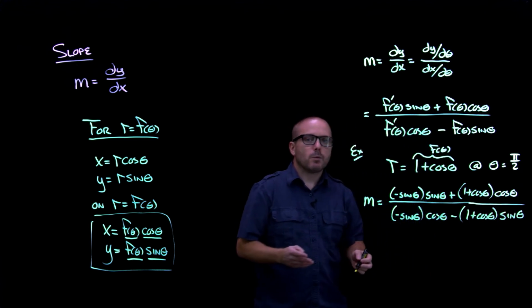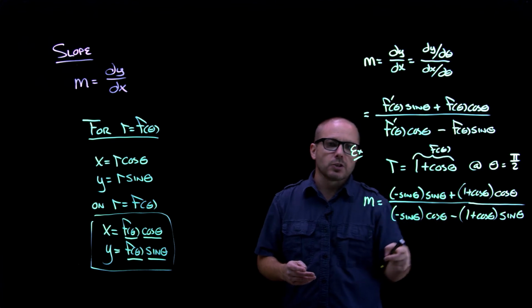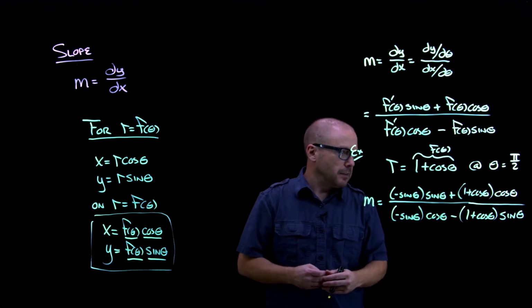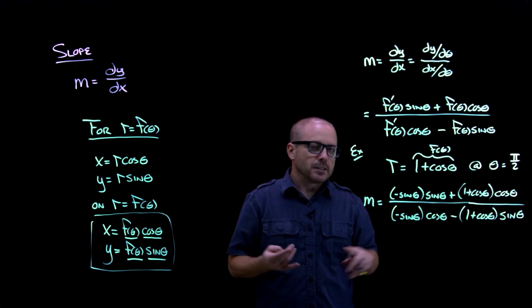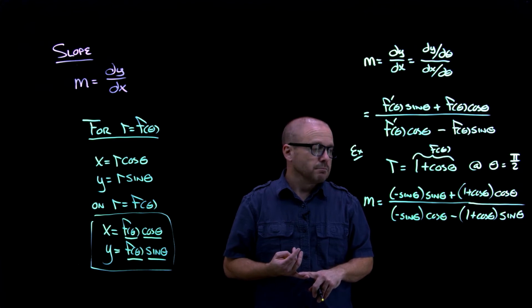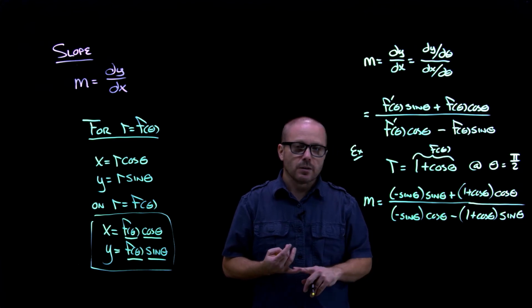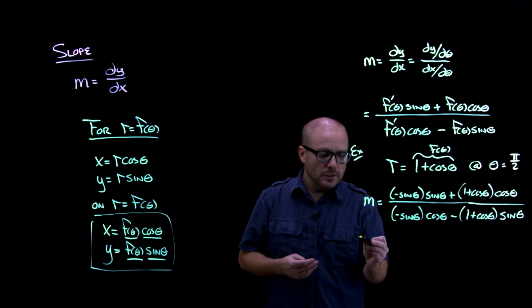And specifically, we wanted to know what it was at pi over 2. So we just need to plug it in. It's all sines and cosines. Sine at pi over 2 is 1, which makes that easy, and cosine at pi over 2 is 0. So an easy one to evaluate.